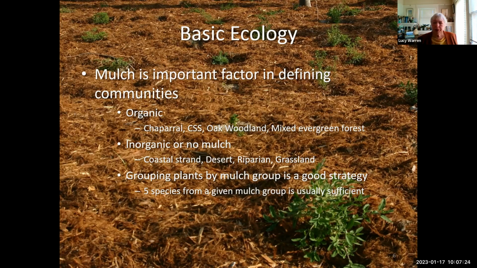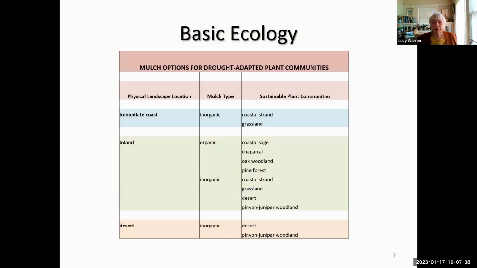And if you group these plants by the type of mulch that they require, it is a way for those plant communities to grow together and to be successful. Here's an example of where you would find the different mulch options, different types of plants, and the different plant communities that survive with those types of mulch.